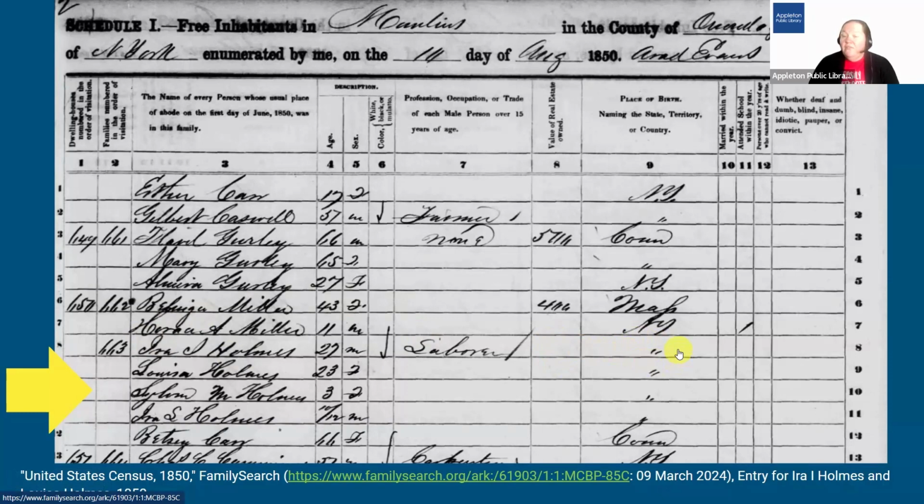Next, you get the place of birth, either the state, territory, or country. There are little ditto marks, which means I have to look at the entry above to see my ancestor was born in New York. Then there are a couple of columns that ask questions, with tick marks if that applies to that ancestor. So you can see very basic information is asked in the 1850 census, but still some helpful details that can help lead you to further research.